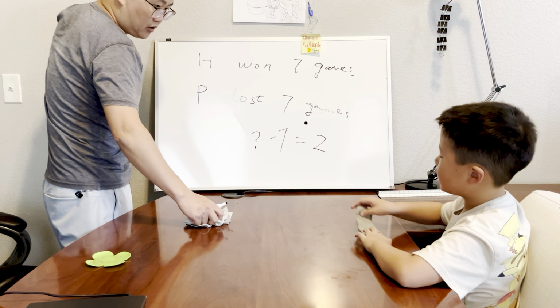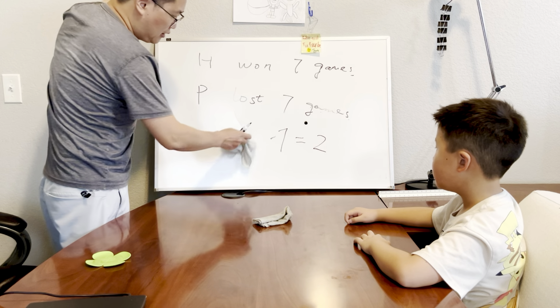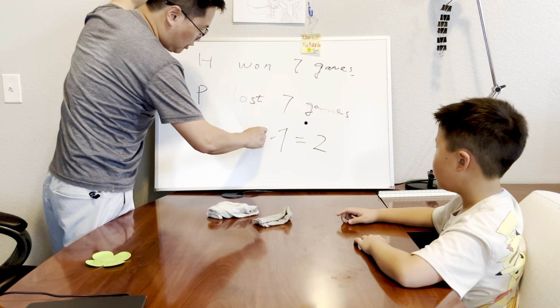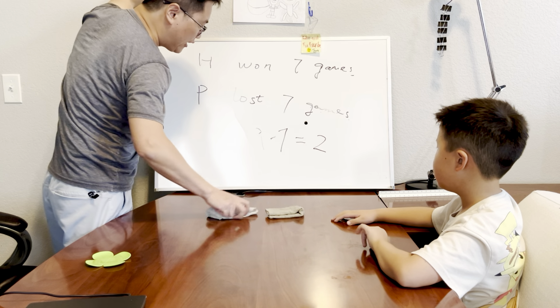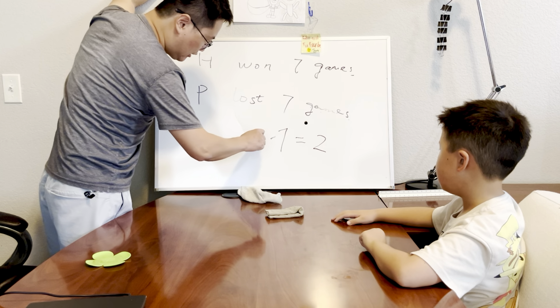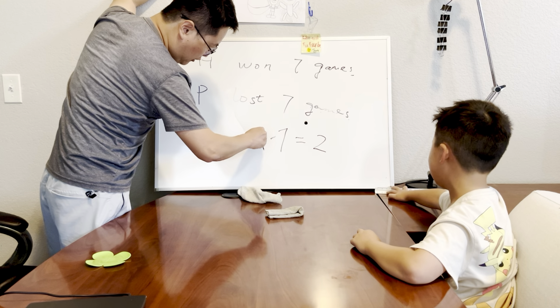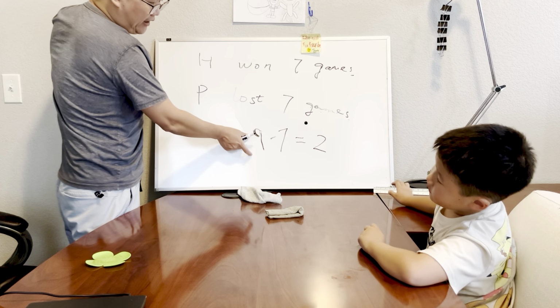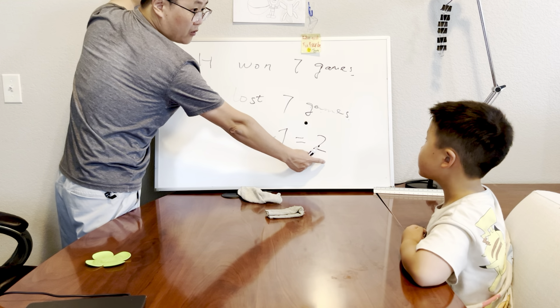9 subtract 7 equals 2. So it means P won how many games? 9 games. He won 9 games, and he ended up having $2. He won 9 games, he lost 7, so 9 subtract 7 equals $2 profit.